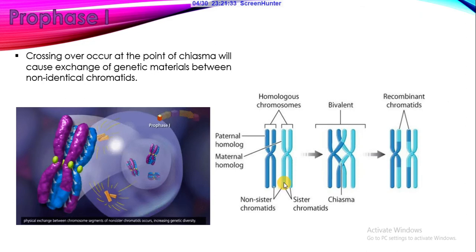But between the different chromosome, we call them as non-identical or non-sister chromatid, even if they are homologous chromosomes. So when they crossing over, the point here is what we call chiasma. And you can see that this denotes the exchange of the genetic materials, causing the variation that occur in the species.